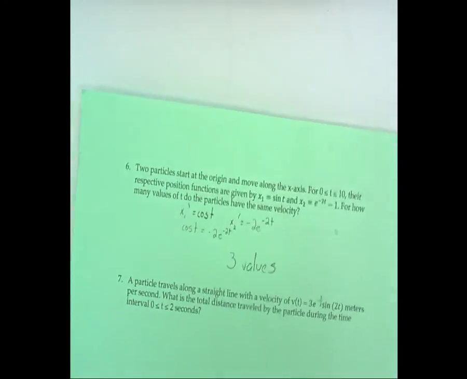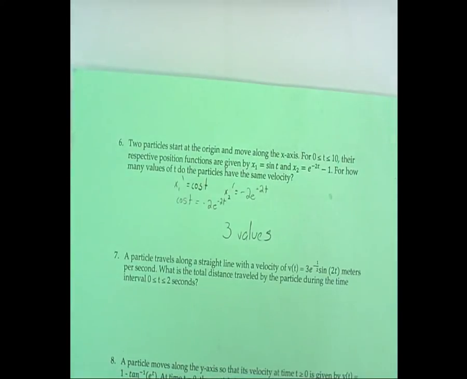A particle travels along a straight line. Go ahead and you read it. A particle travels along a straight line with a velocity of v of t equals 3e to the negative 1/2 sine 2t meters per second. What is the total distance traveled by the particle during the time interval 0 is less than or equal to t is less than or equal to 2 seconds?